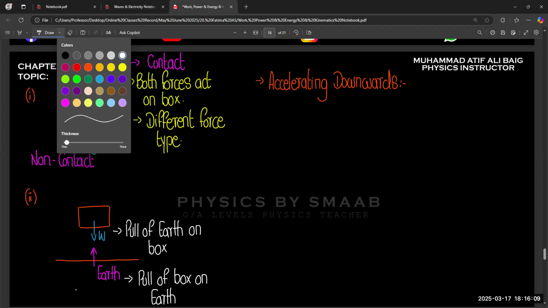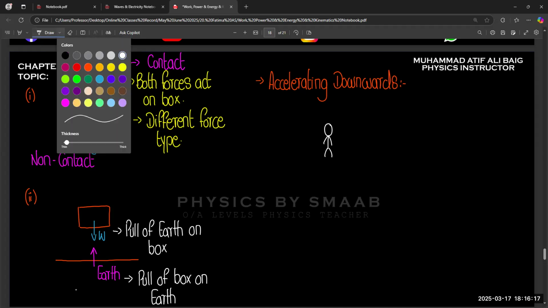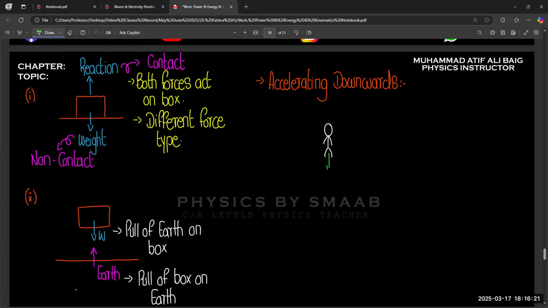So for that man, basically, the weight of the object is in downward direction, and this is the reaction force.